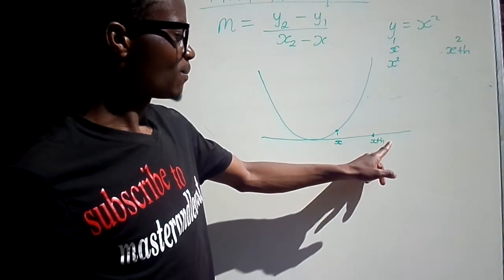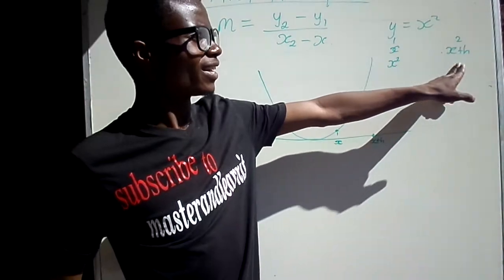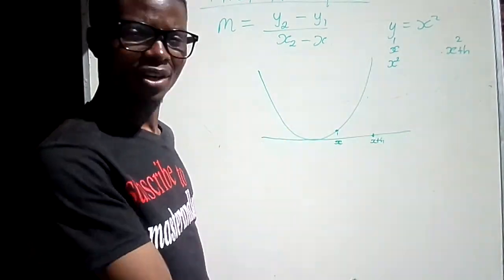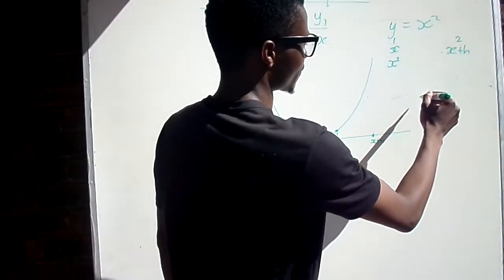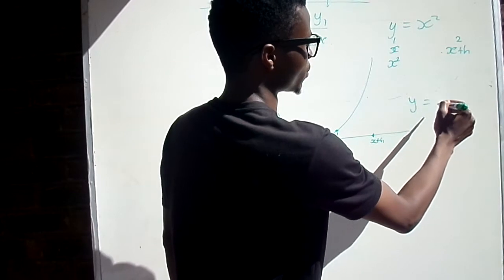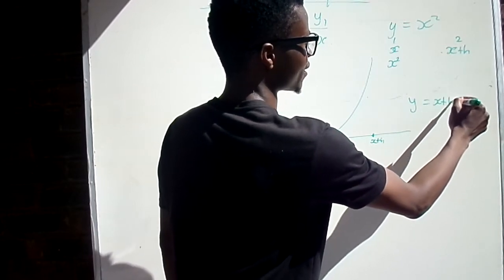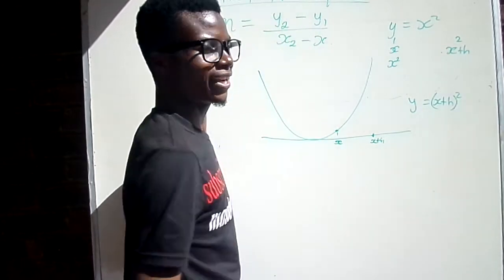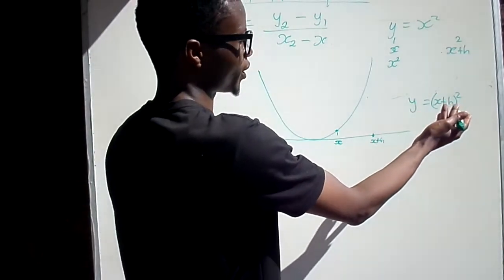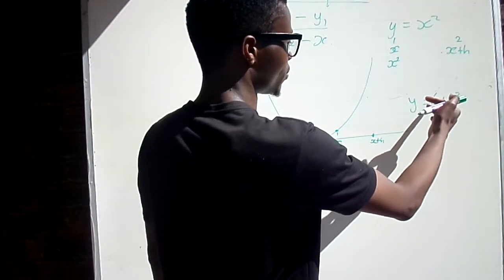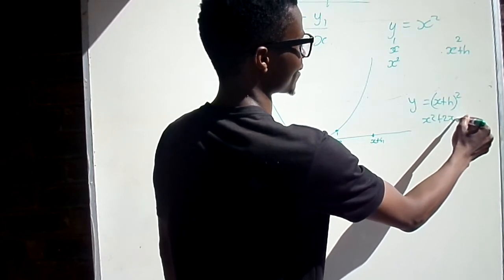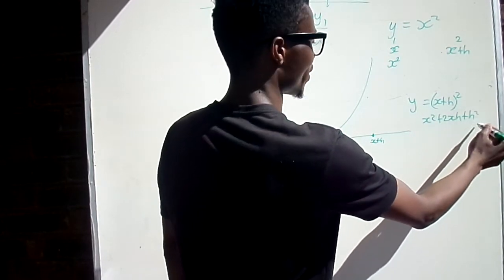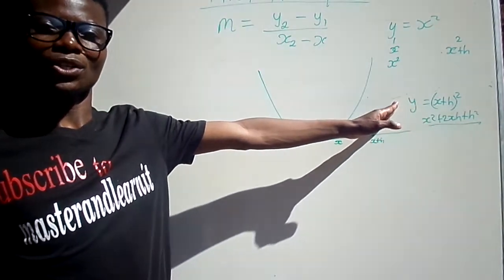If this is my x2, to get the corresponding y2, I take y equals x plus h, then I have to square it. That will be my y2. If I simplify this, it is going to be x squared plus 2xh plus h squared. This would be my y2.